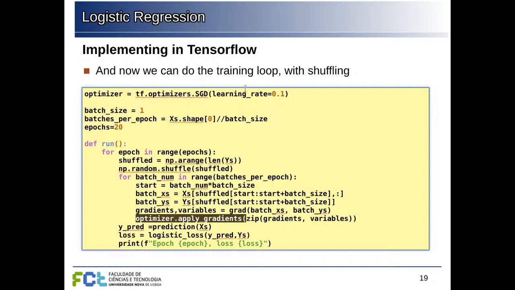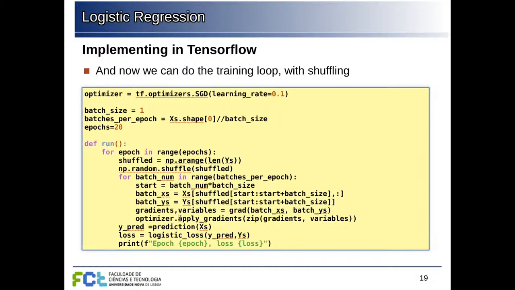Now the optimizer in this case is an object of this class, stochastic gradient descent, where we can specify things like the learning rate, momentum, things like that. So what this object does is use the gradients to update the variables, and in this case it's simply by multiplying the gradient by the learning rate and then changing the different variables.